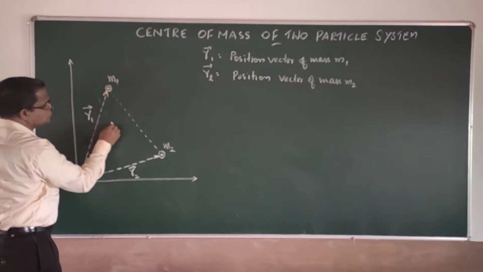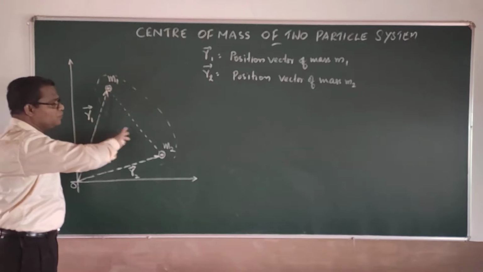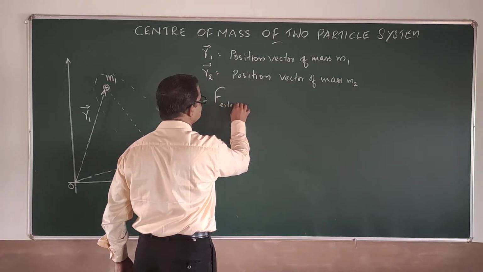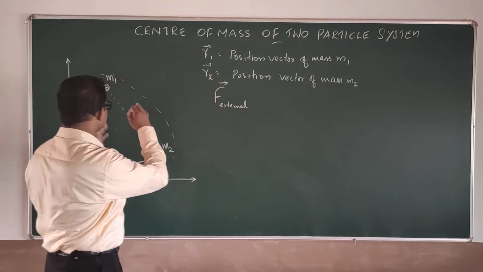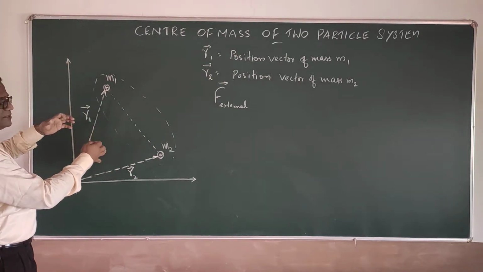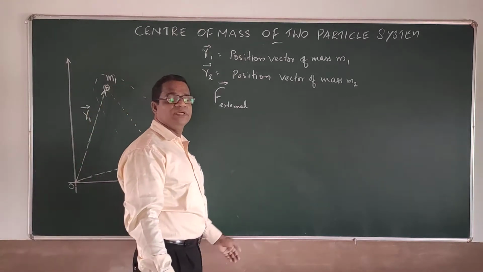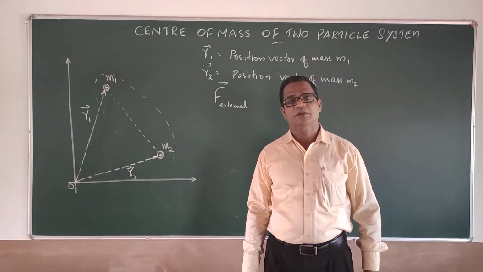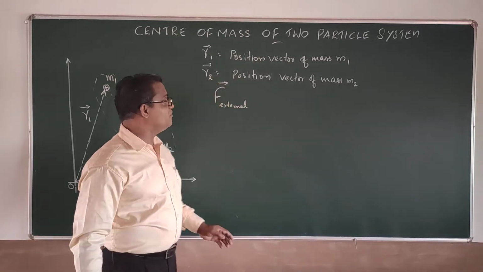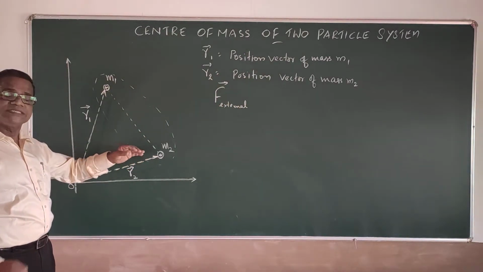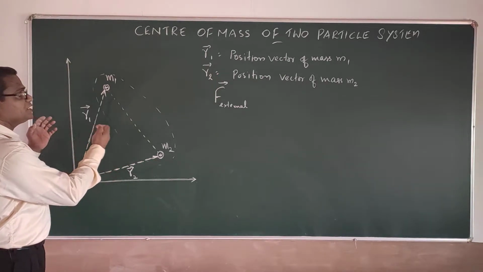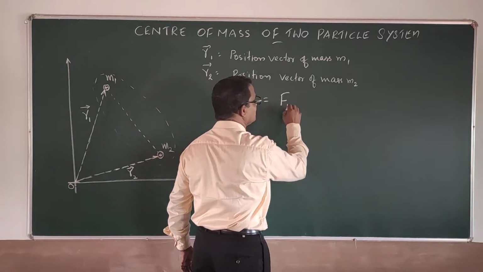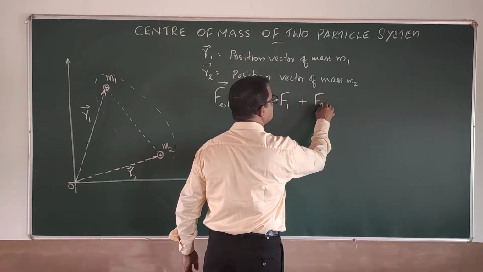Now if I take these two together as a single system and if I apply a force F on it, an external force F, then as I apply force F on this system, the mass m1 and m2 will be moving according to the force F. Now there will be a force between m1 and m2, the internal force, which cancels each other, and therefore application of this external force produces a force on m1, let it be F1, and force on m2, let it be F2.